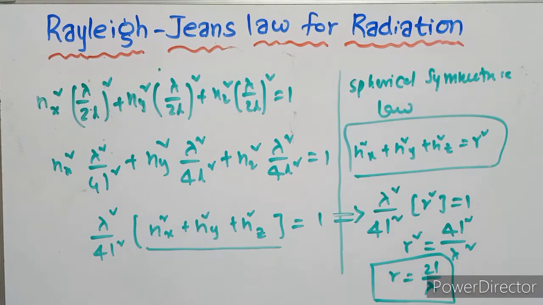So this is the radius of the spherical enclosure. This equation represents a resultant vector from vector properties.